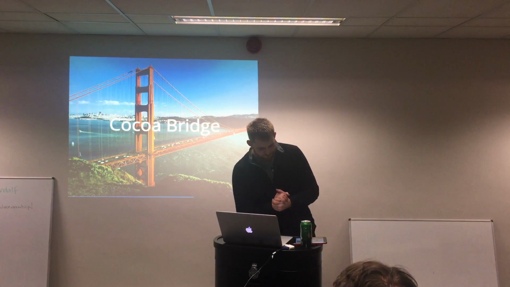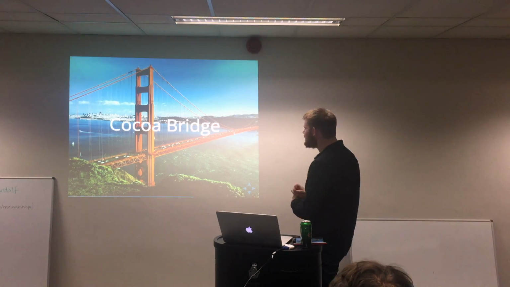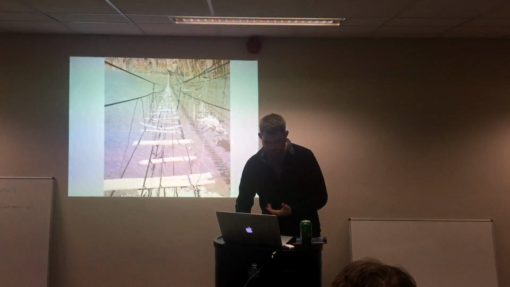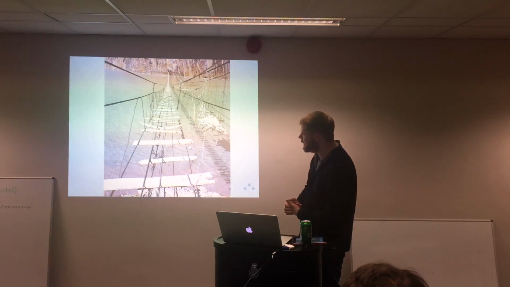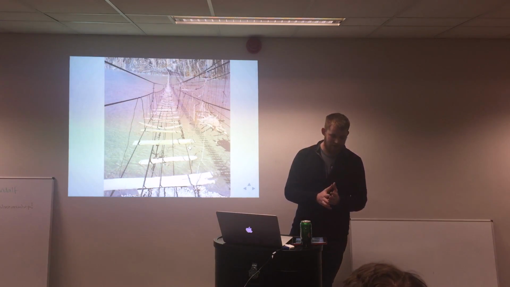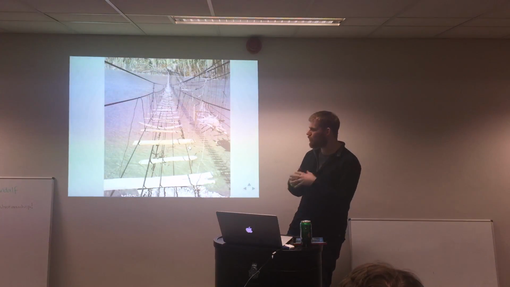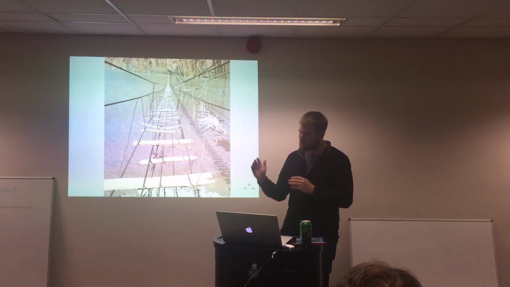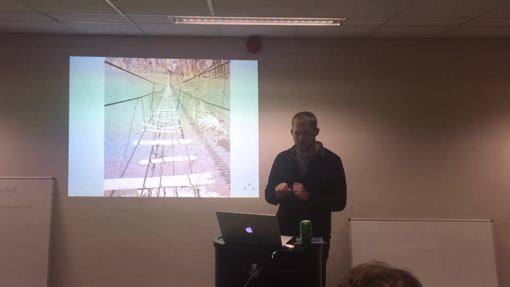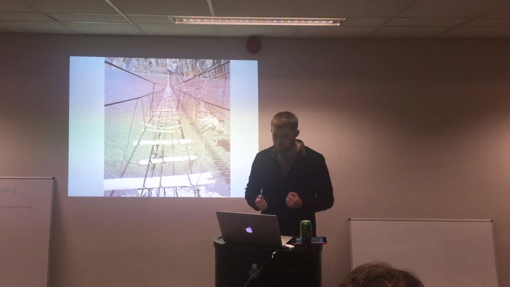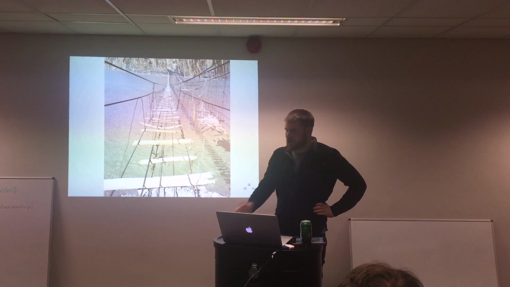Now, I kind of think what Apple had in mind for this stuff, the Cocoa Bridge, was this. In reality, it's more like this. Now, I put this picture up first, and I thought, what's a better metaphor? And I thought, a zip wire. Because you can really only go one way with this. You can only talk to it. You can't get stuff out of it. And then I thought, well, that's not 100% true.